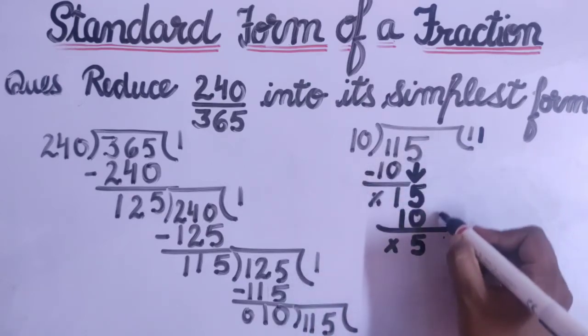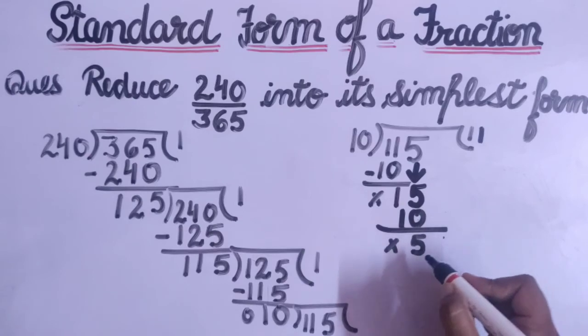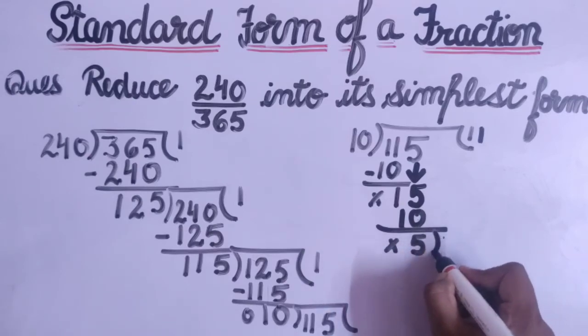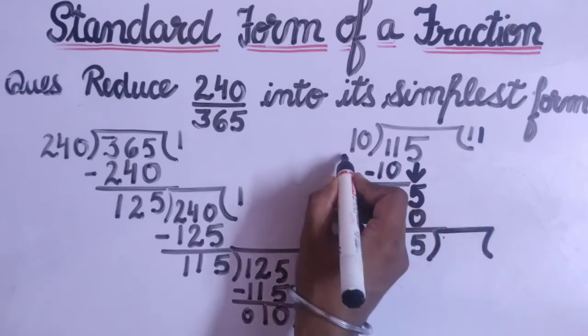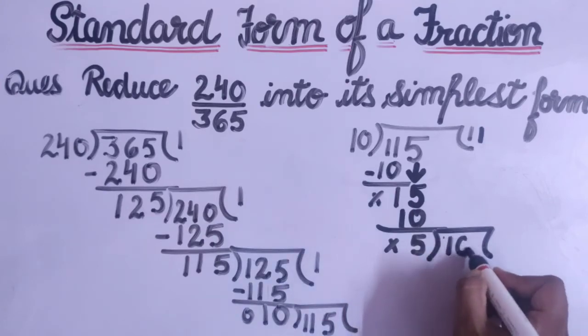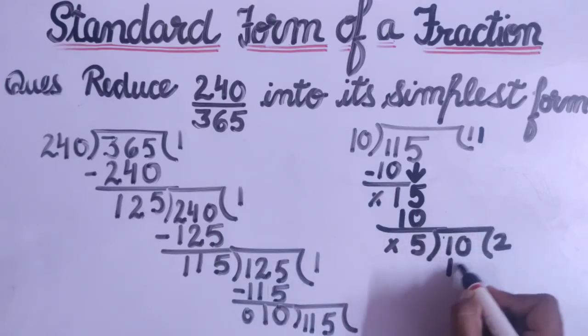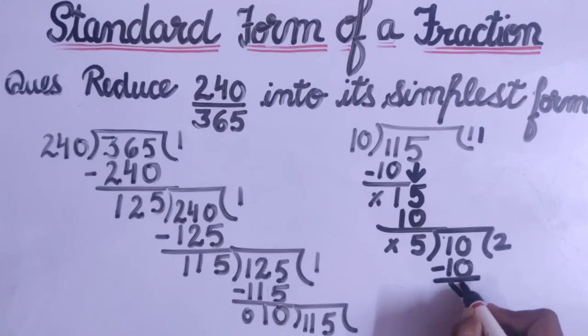Now something is there to carry down? No. In that case, the remainder will become divisor and this divisor will become dividend. So 5 2s are 10. Now remainder is 0. So we will stop here only. The third step to find out the HCF is the last divisor.